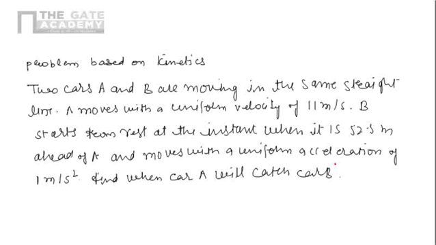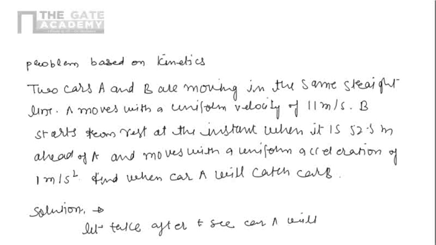So now we have to find out when car A will catch car B. That is the given problem. Let's take the solution of this problem. Let's take that after t seconds, car A will catch car B.